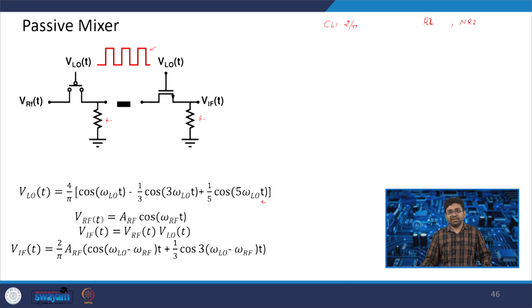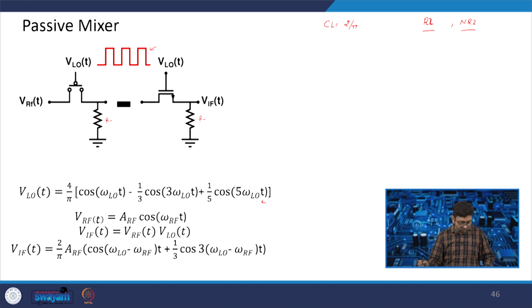That is a separate passive mixer, called the non return to 0 mixer. So we can classify passive mixers into two types: return to 0 and non return to 0.